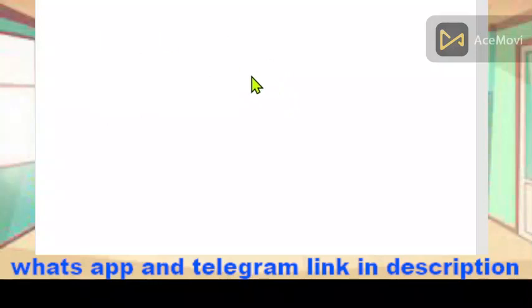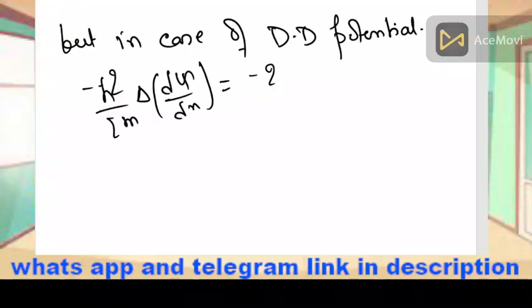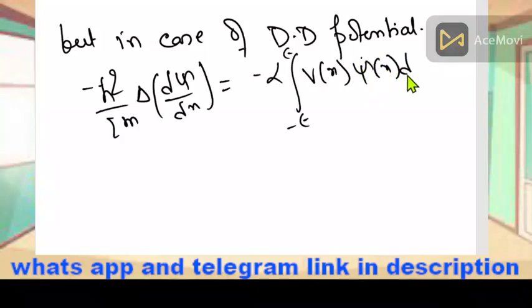Rather, this quantity is minus the integral from minus epsilon to plus epsilon of V(x) psi(x) dx. Remember the form of the potential: it is minus alpha del x. This is the Dirac delta potential.